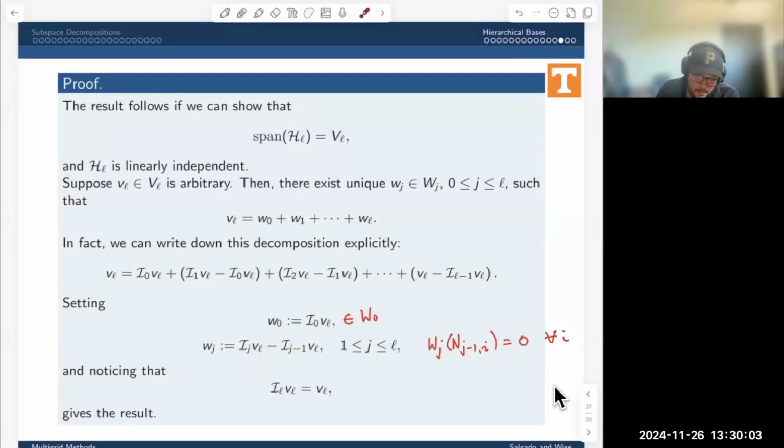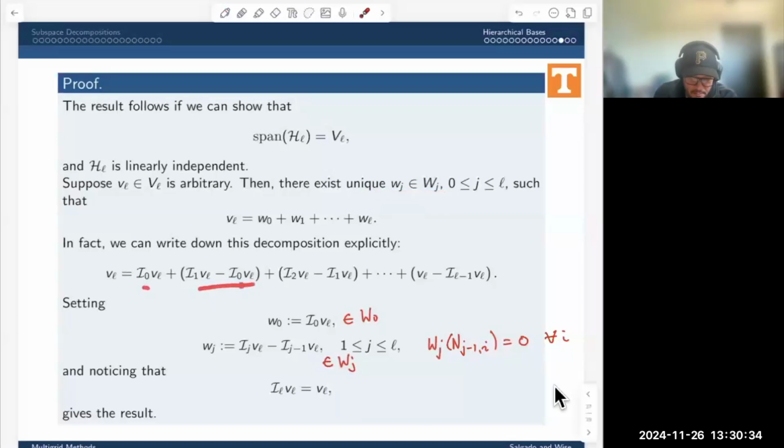So again, all we have to do is show this and show that this guy is in capital Wj, which I didn't say, but in fact, this is part of the proof that we gave in the previous statement. It was a lemma. There exist these unique functions, and the way we can decompose these into unique functions is this way.